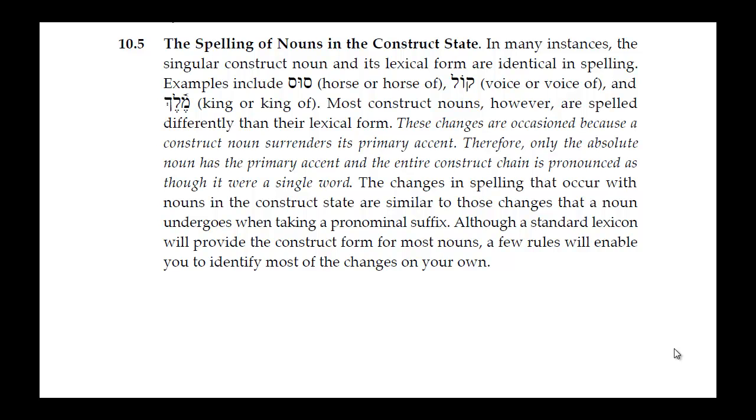Let's go ahead and get into the spelling of nouns in the construct state. In many instances, a singular construct noun and its lexical form are identical in spelling. For example, when we have sus, which can be either horse or horse of, and kol, which is voice or voice of, it can be both the absolute or construct.